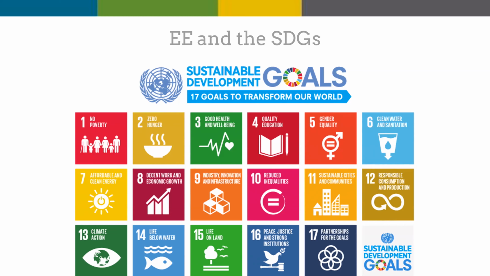They are 17 goals that we hope to achieve by the year 2030. Some of you may be very familiar with these goals, some of you may be less familiar, but they're really incredible. So environmental education plays a role in helping to achieve these by making connections between them and by really thinking about the triple bottom line, environment, social, and economic integrity. So next slide.